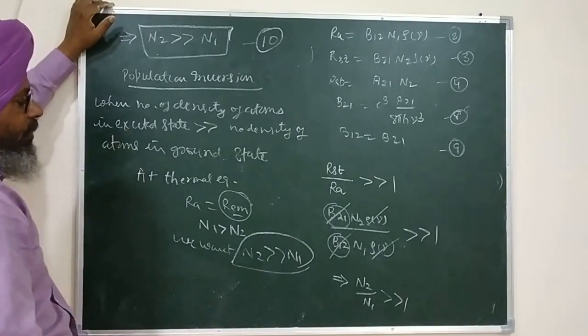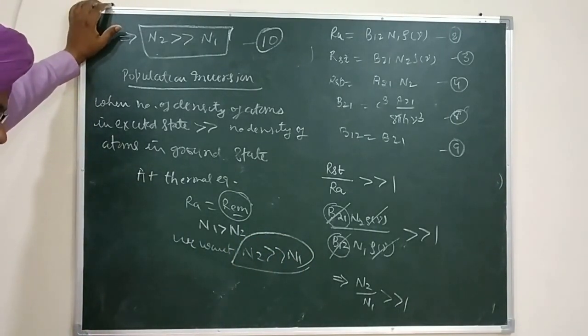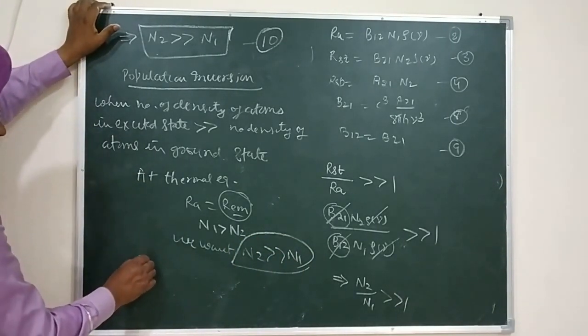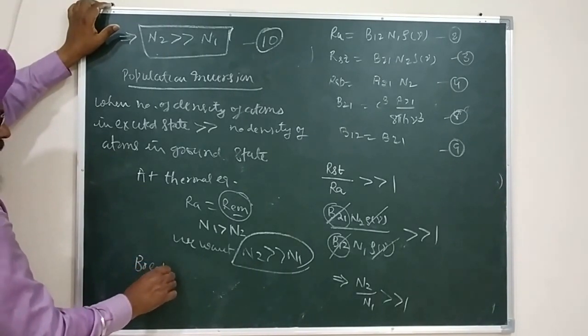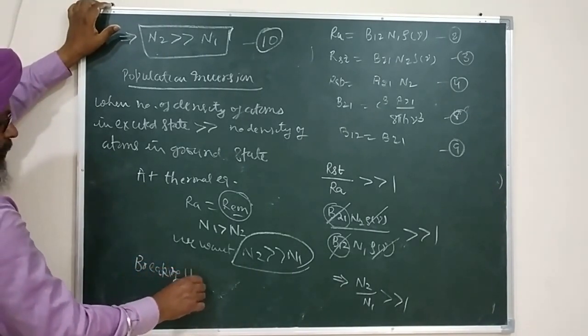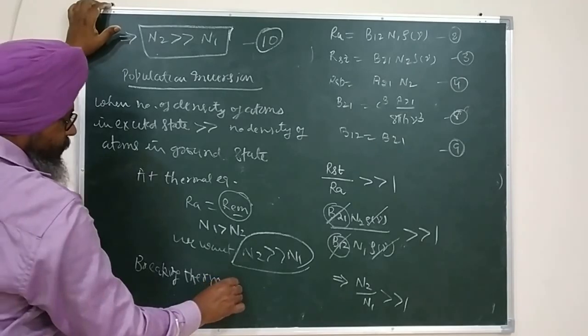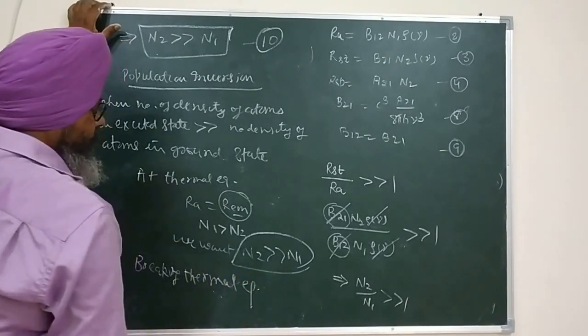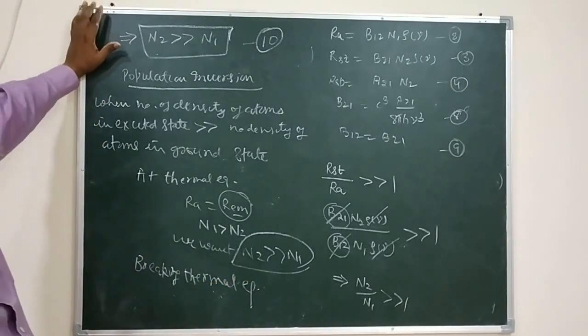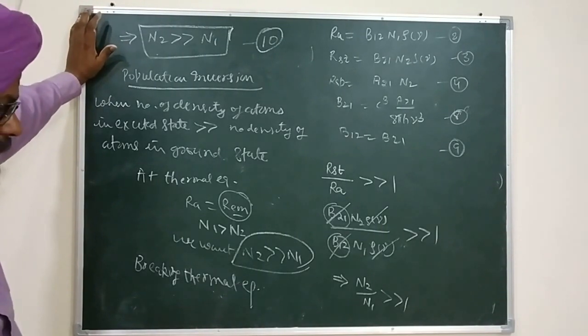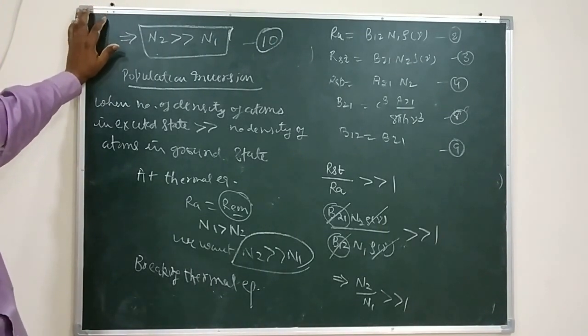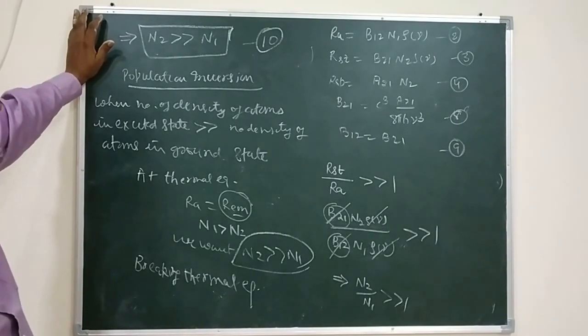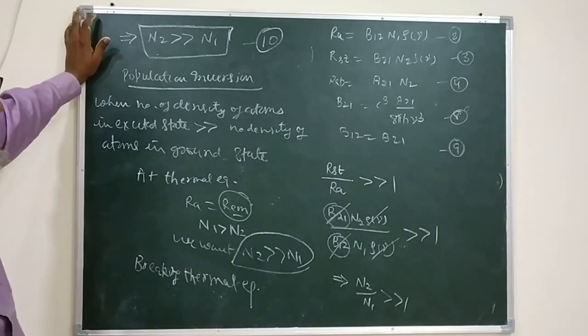So this condition can be obtained only by breaking thermal equilibrium. So we must break thermal equilibrium, and we have just seen that we cannot do such a thing by increasing the temperature. Therefore we must do this by some other means.